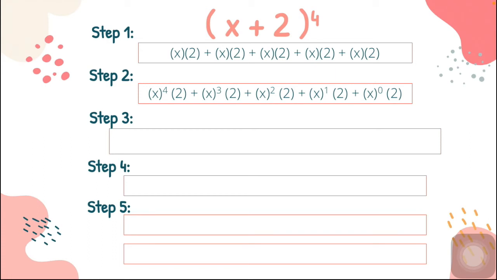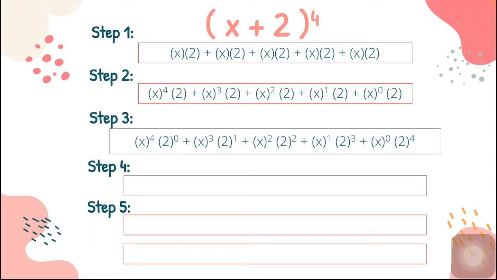So, the next step is maglalagay din ng exponent, pero sa second term naman at 0 to highest exponent na given. So, 2 raised to 0, 2 raised to 1, 2 squared, 2 cubed, and 2 raised to 4.